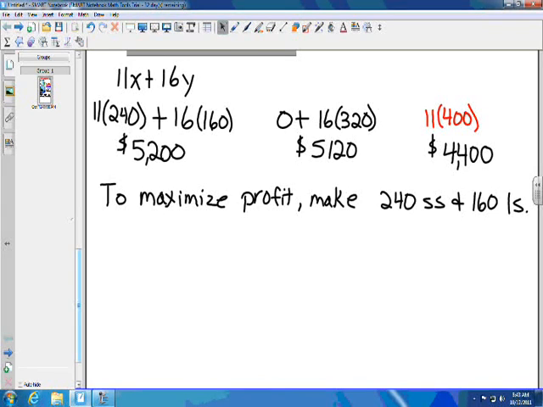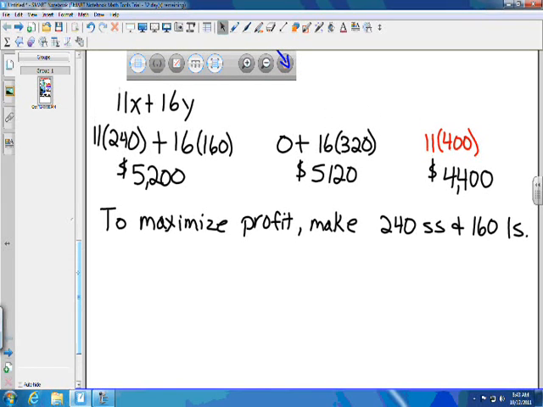That is the final answer to the problem. So if all you were worried about was making the most money and that's the only factor, you would tell your employees, this is what I want to have be made today. 240 short sleeve and 160 long sleeve.